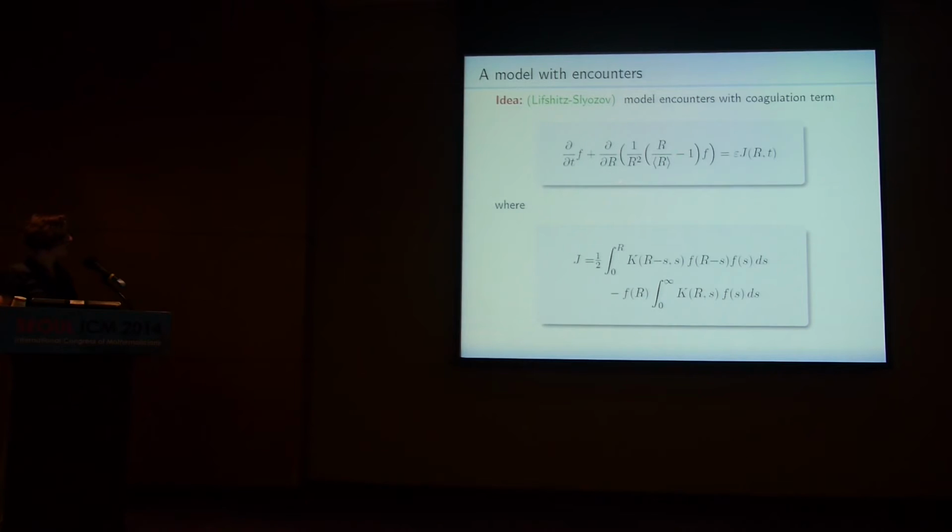And this is modeled by a so-called correlation term. I don't want to go into details if you don't know about that. This is simpler but similar to the Boltzmann equation. You have a gain and a loss term. You gain a particle of a certain radius if two smaller ones collide, and you lose one if your particle of radius R collides with one.